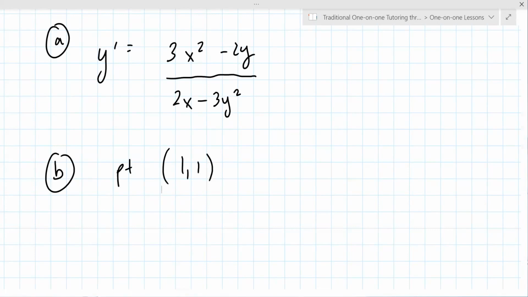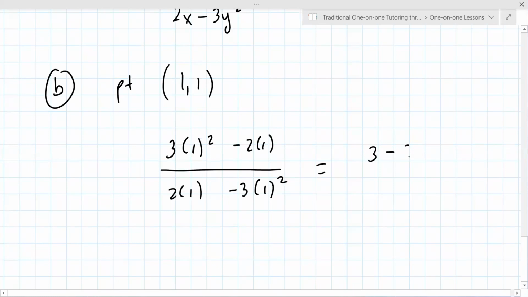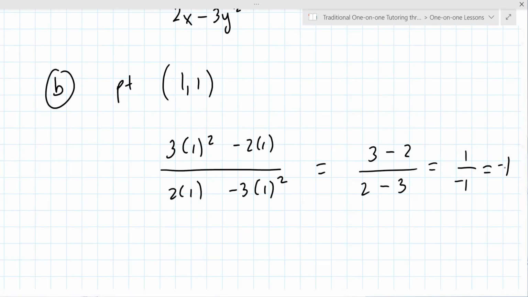Okay, so 3 times 1 squared minus 2 times 1 over 2 times 1 minus 3 times 1 squared, which is just 3 minus 2 over 2 minus 3, 1 over negative 1, so negative 1.